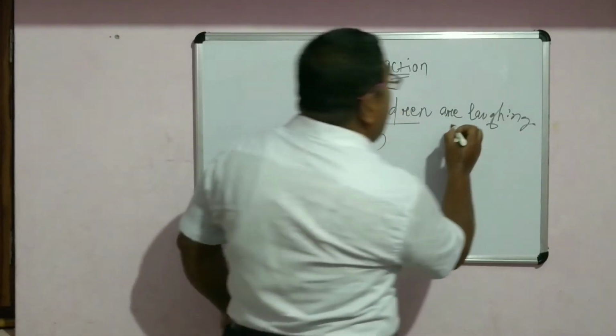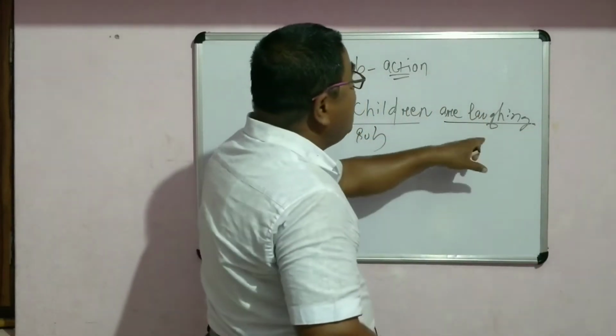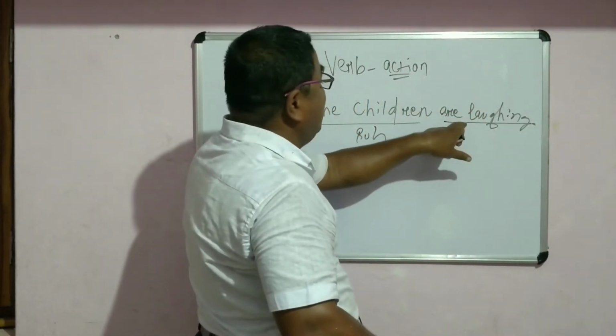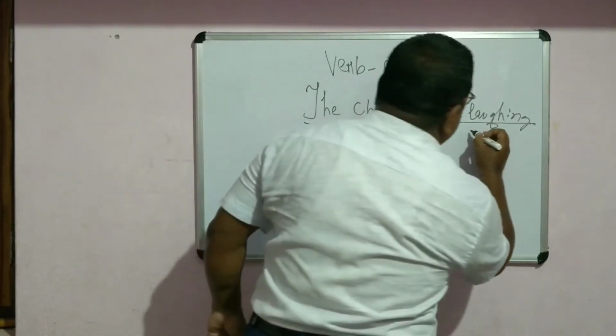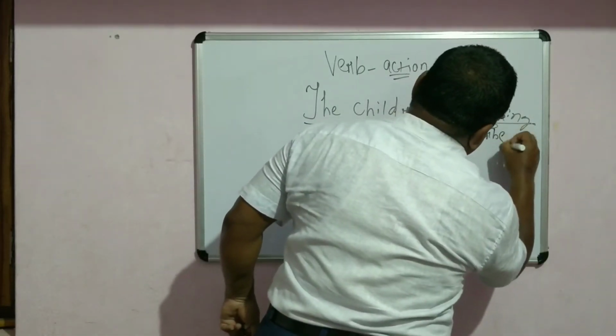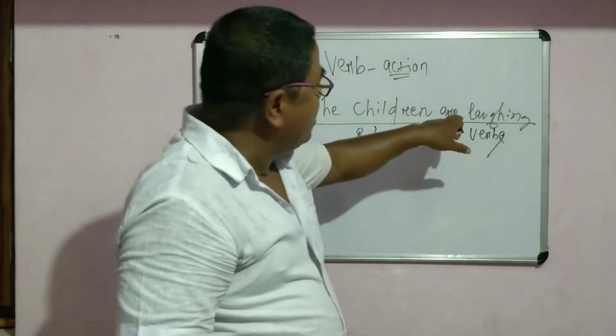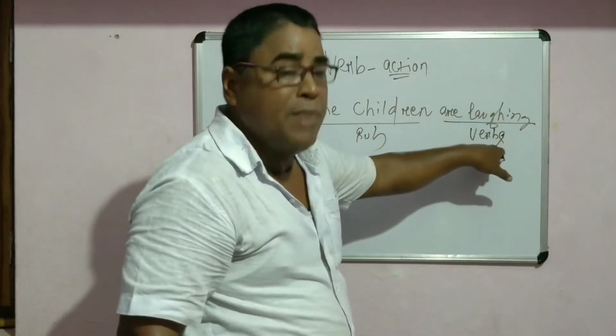Obviously your answer is are laughing. So are laughing is the verb, the action denoted by the subject, the children. Are is the auxiliary verb and laughing is the main verb.